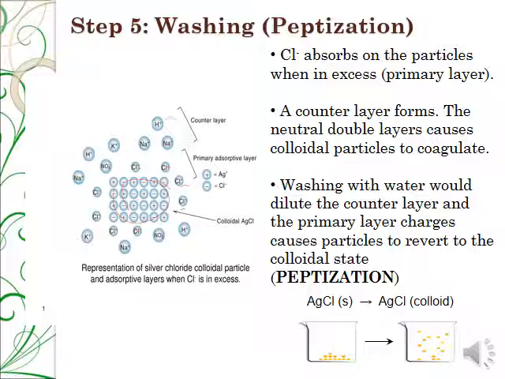This is the counter layer, which is attracted to the negative chloride ion. So the positive ions are the counter ion layer. These neutralize the particle, so therefore it avoids the formation of a bigger precipitate. So washing with water would dilute the counter layer.